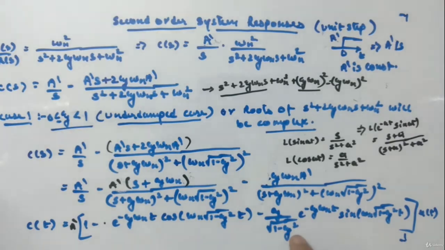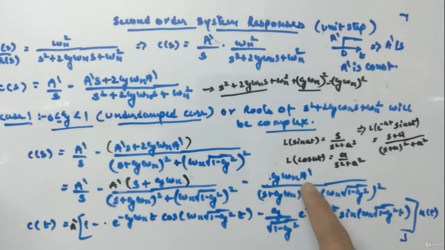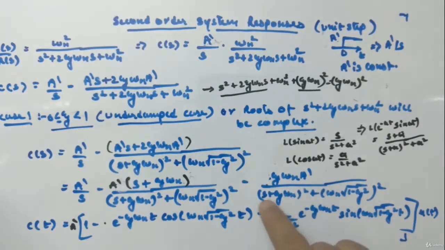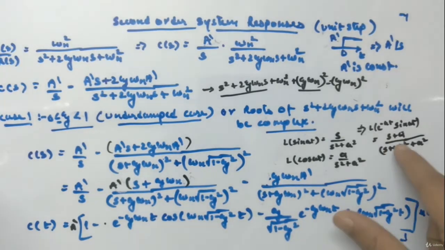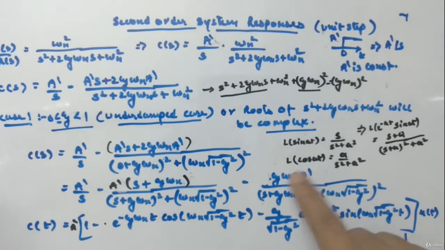Since under root 1 minus zeta square was not there, I multiplied and divided by that. So here in the division 1 minus zeta square is coming because we wanted omega n under root 1 minus zeta square. Okay, zeta upon under root 1 minus zeta square is a constant, e to the power minus zeta omega n t, that is our a, and sine came because above it is a constant in the numerator.